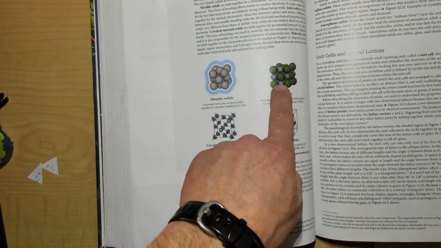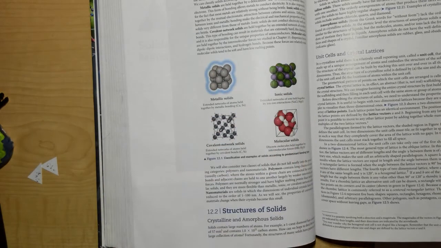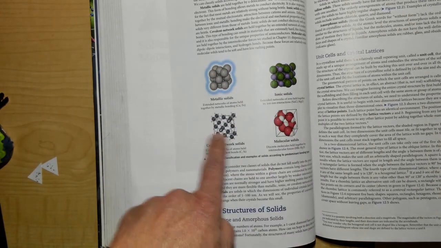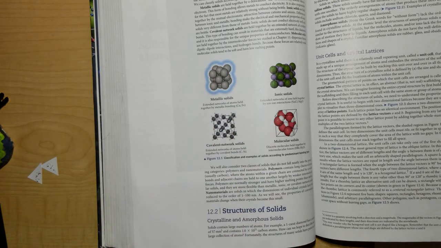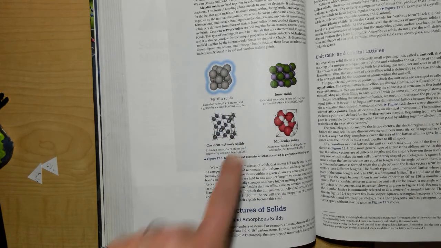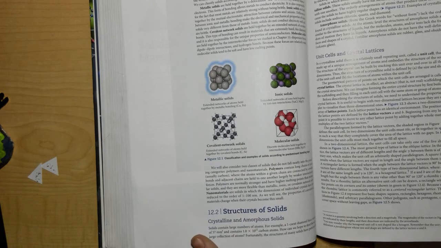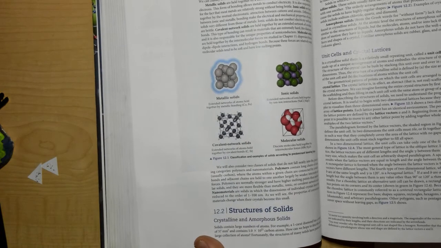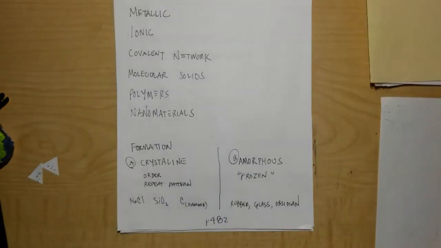Some ionic substances have nice organized repeating patterns. Here's a covalent network solid with a nice organized repeating pattern, and a molecular solid that's also fairly organized and repeating pattern as well. You can move that back. Those are called crystalline substances.